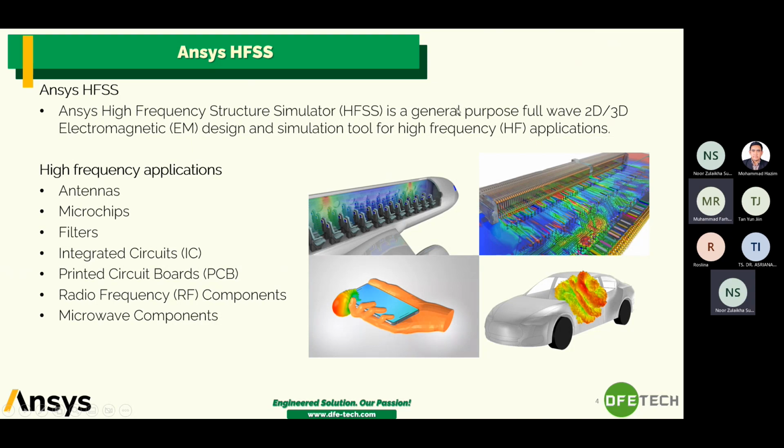It is a general purpose full-wave 2D or 3D electromagnetic design and simulation tool for high frequency applications. Some examples are antennas, microchips, filters, integrated circuits, printed circuit boards, radio frequency components, and microwave components.